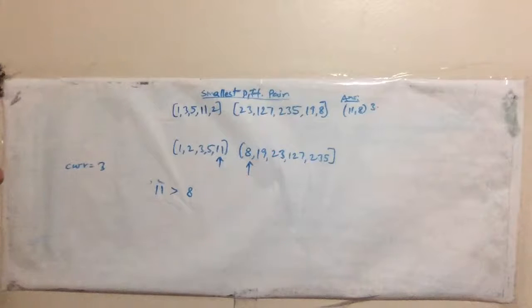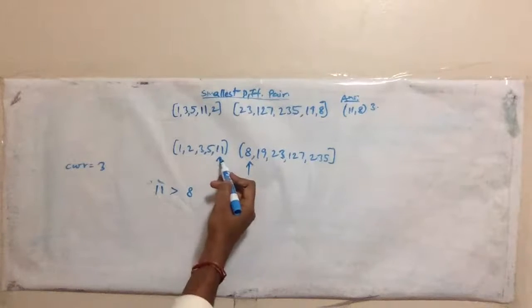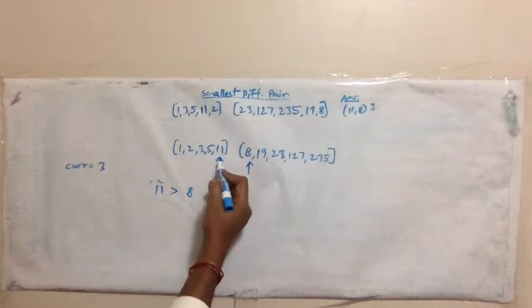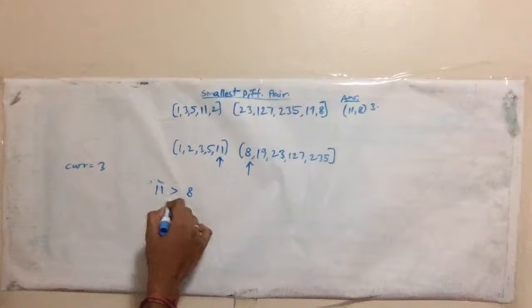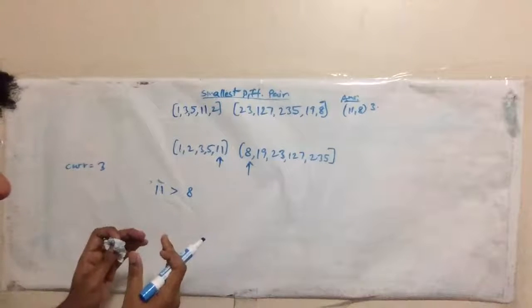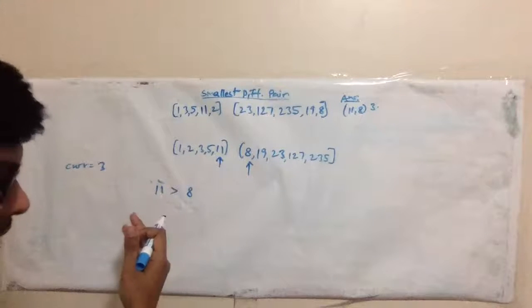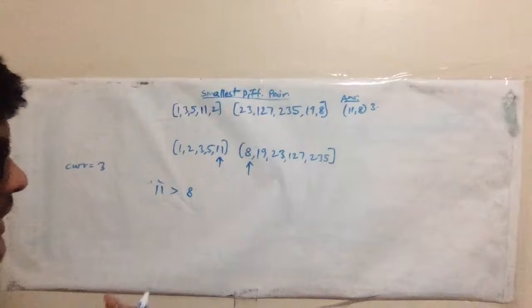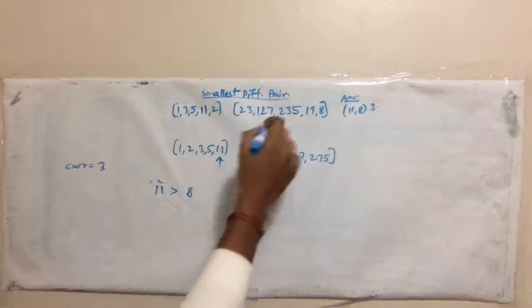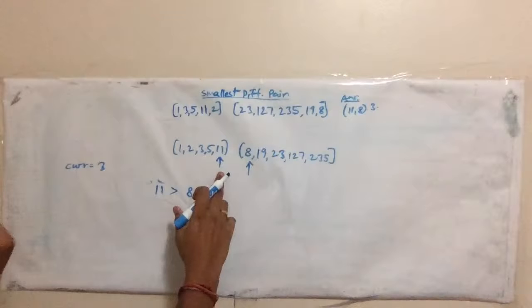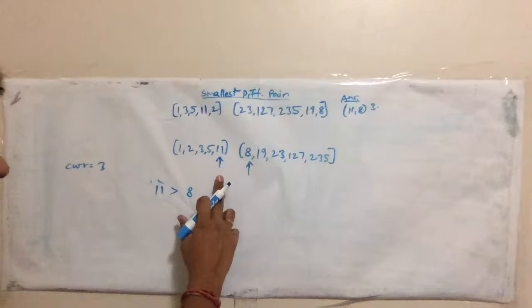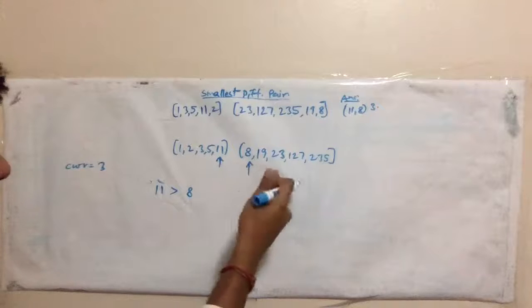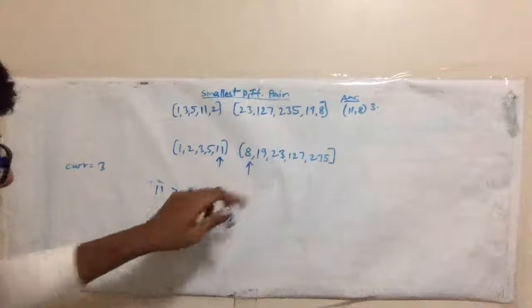So in that case, there's no point moving this pointer to the next, because this 11 and 8 is making some difference, and if you increase the first element, the bigger element, it would definitely increase the resultant difference. So we don't want to move this pointer anymore. So try to move the second pointer.